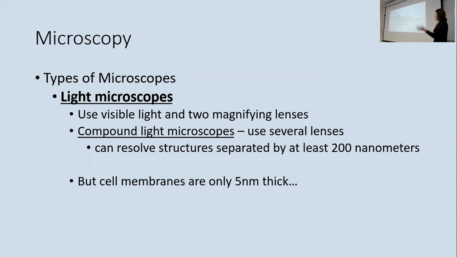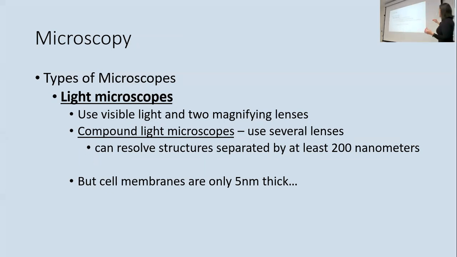Yeah. So if you've got your practical, I think microscopes happen after that, but you'll be using light microscopes, which use visible light and a couple of magnifying lenses to make an image where the things you're looking at appear bigger. You can have compound light microscopes. I think this is technically what we have in the lab, where you've got several lenses bouncing things around and enlarging images.